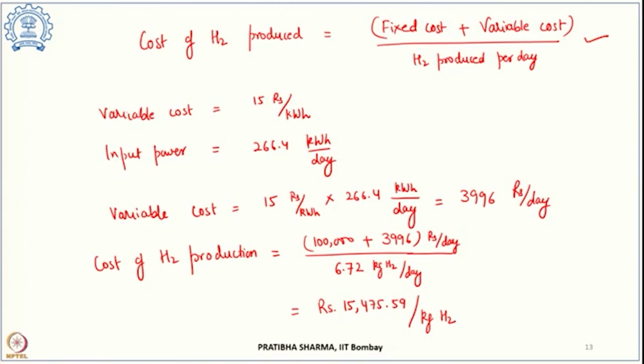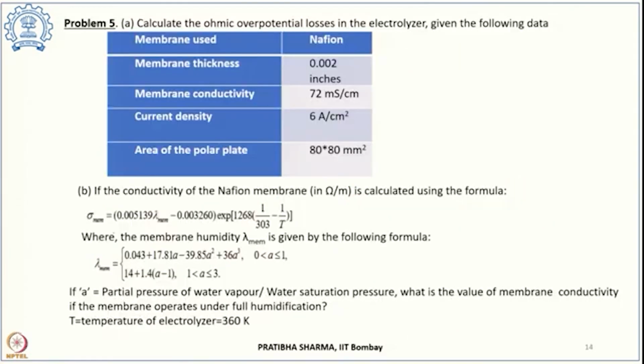Now, let us see another problem which states that we need to calculate the ohmic overvoltage losses for an electrolyzer. So, the overpotential which arises due to ohmic losses in the electrolyzer, provided that we are given the details about the membrane.